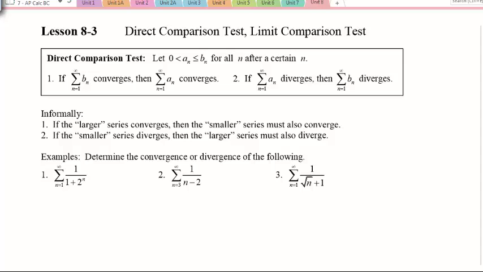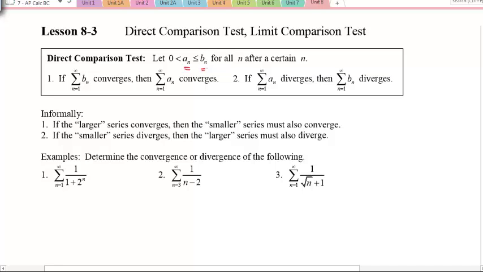Now, I think the direct comparison test is pretty self-explanatory, straightforward actually. Here what I'm saying is, if you've got terms in a series a sub n, they're positive, and then you're going to compare it to another series, b sub n. Notice I'm saying the a values are always less than or equal to the b values.